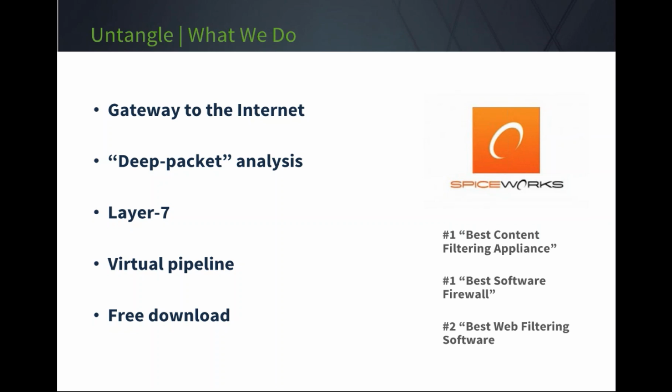Untangle combines unified threat management to address all of the key network areas and network threats with policy management tools that enable you to define access and control by teachers versus students, grade level or school-wide, parents versus kids.